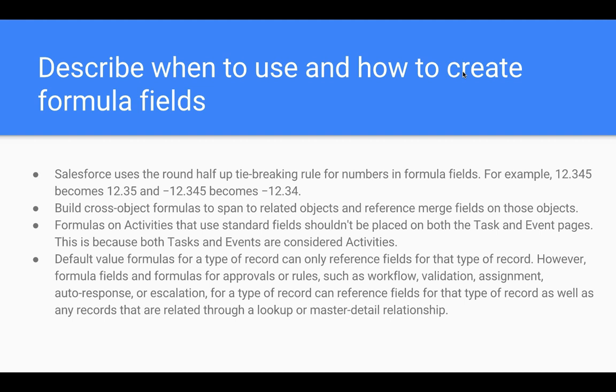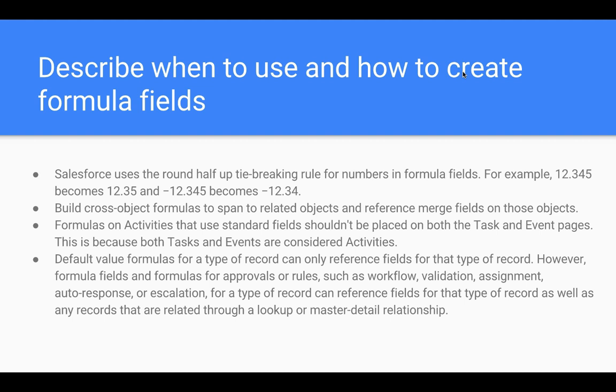Formulas on activities that use standard fields shouldn't be placed on both the tasks and events pages, because tasks and events are under the activities object, right? So you've got to figure out what object the field is related to. And sometimes, if they're in the same object, you can't put them on both of those pages because they're on the activities object, okay?